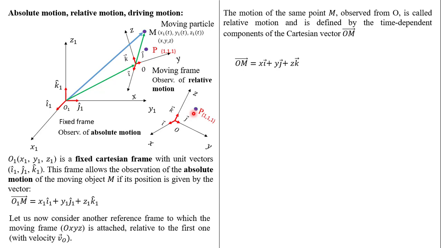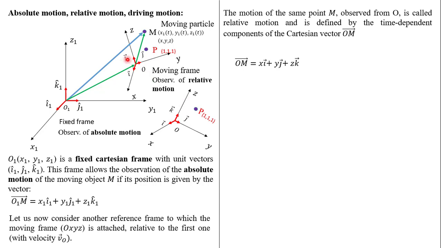So XYZ for a fixed point in the OXYZ frame keeps its coordinates. But O1P vector has changed. So what happens? In fact, while the moving frame moves, everything inside this frame will move with this motion.